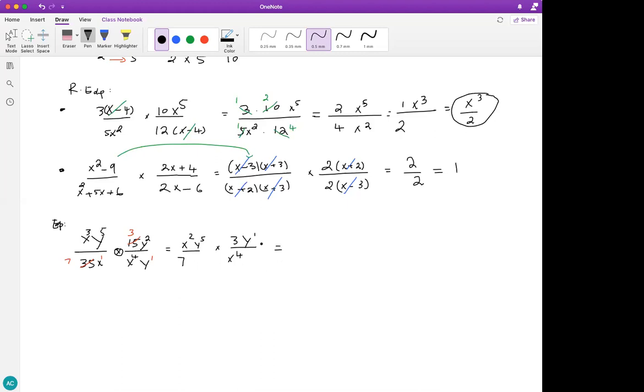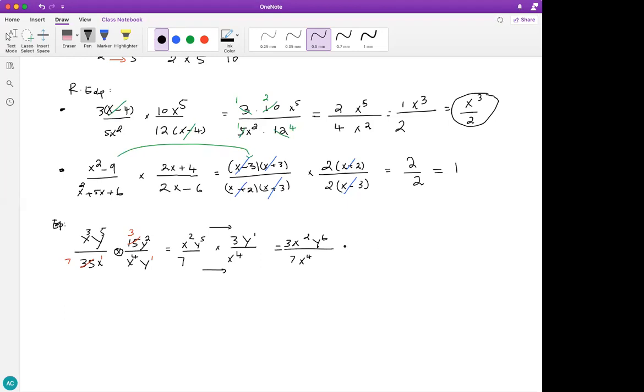So after simplifying, we have x^2 and 3. We have y^1 times y^5 times y^1, which is y^7. You add the powers when you multiply. And here is 7 times x^4.